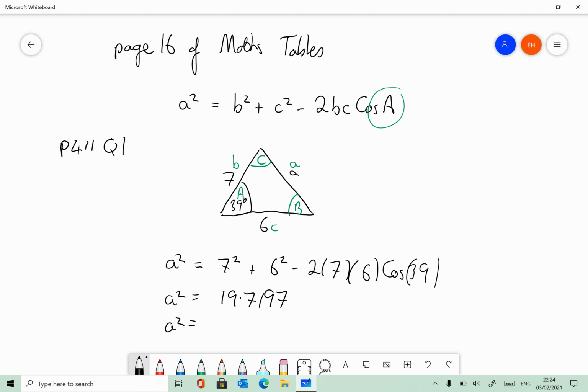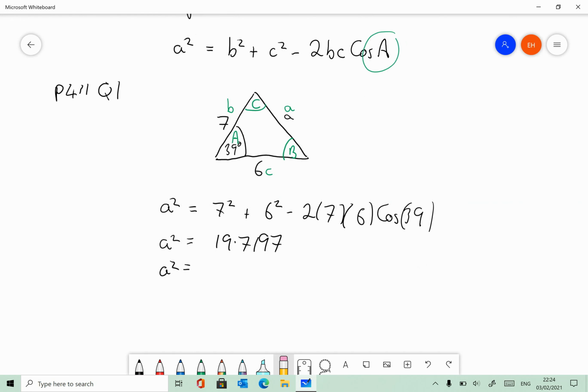So a squared equals, sorry, it doesn't, that's wrong. So A is equal to the square root of 19.7197. So A is equal to 4.44. So that's the size of A.